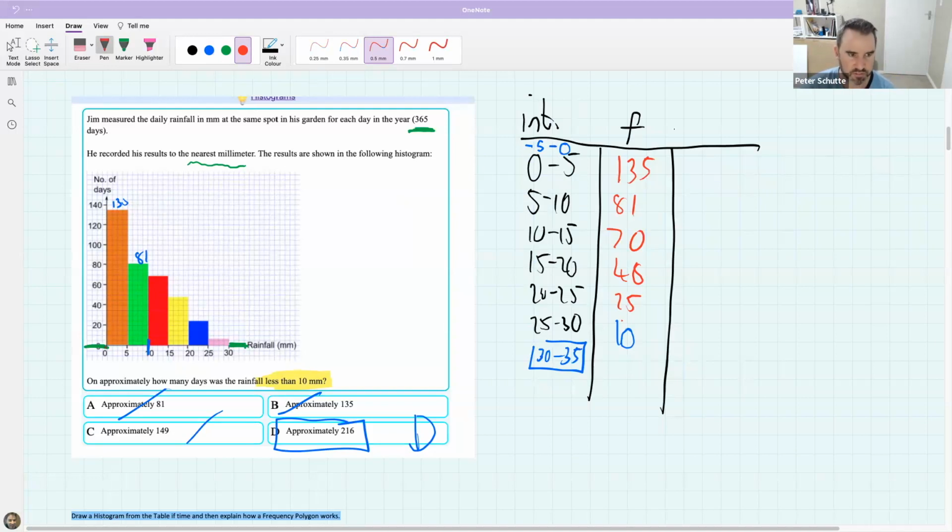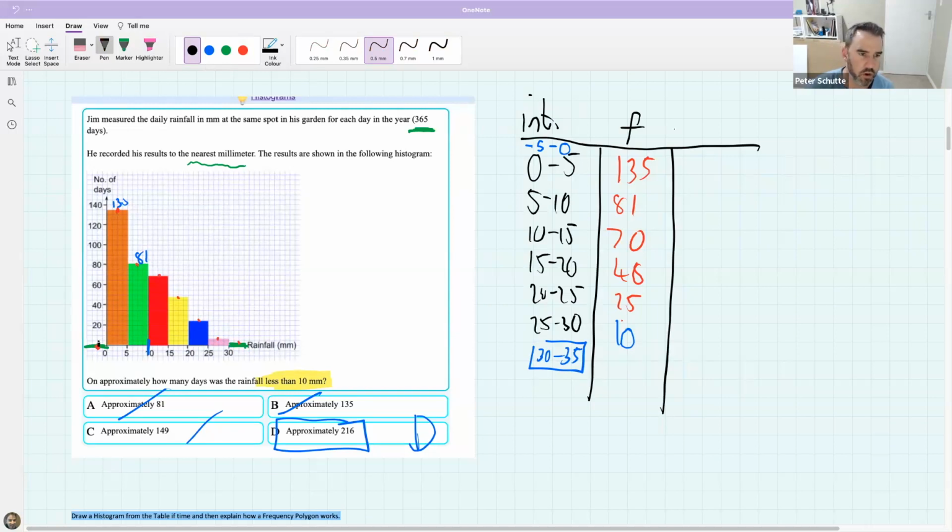Then what we do is we find the middle of each of these. So the middle of this would be here, the middle of this would be here, here, here, here, here, and here. So you go to the middle of the interval and you make a dot. Now, the last bit of a frequency polygon: a polygon is a shape that's closed with straight edges.